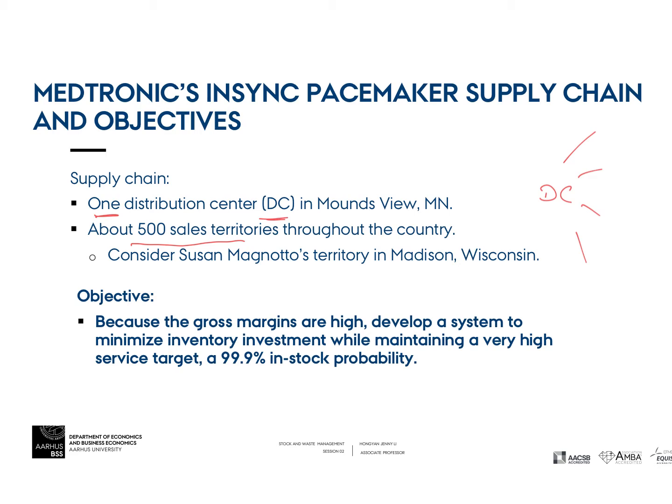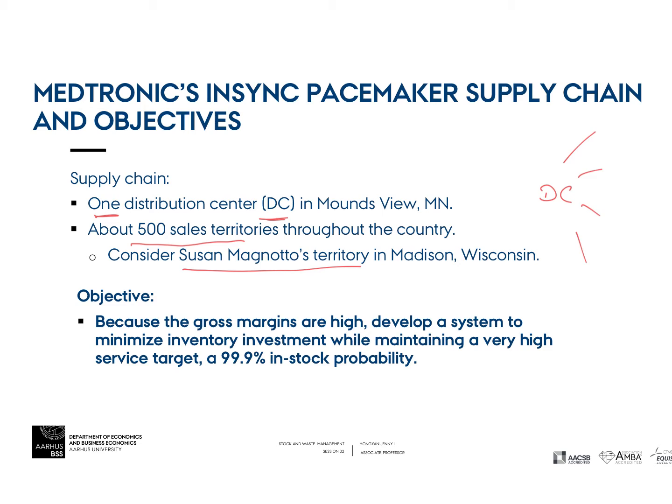For example, we consider a sales territory called Susan's territory, and the objective is to make the inventory decisions about the order quantities or the order replenishment policies in the distribution center and in each individual sales territory.